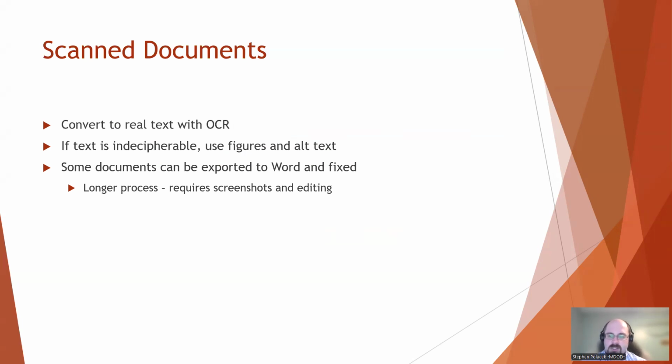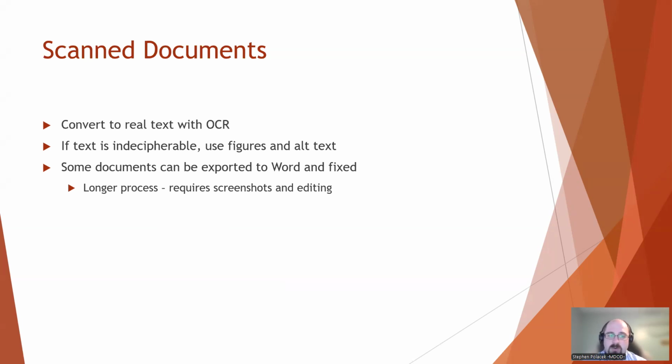In some cases, text might come out as indecipherable depending on the quality of your scan. If that scan is old, or it's been through multiple passes, it might not be properly readable by the program, in which case you might need to treat the text as images and add alt text that reads it correctly.